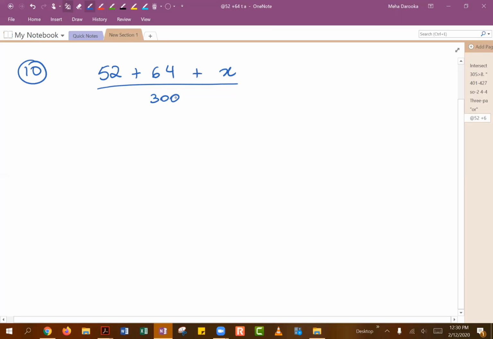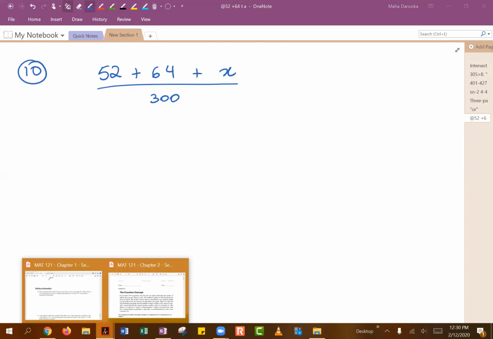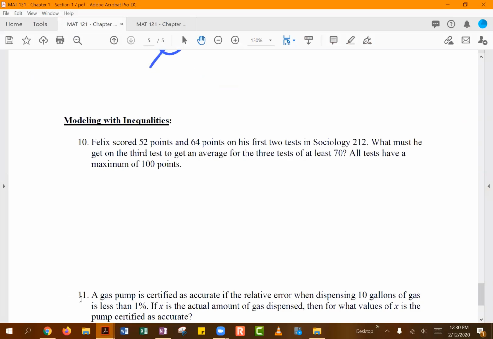Okay, so they are telling us that Felix's average on those 3 scores should be at least 70. How are you going to set that part up?